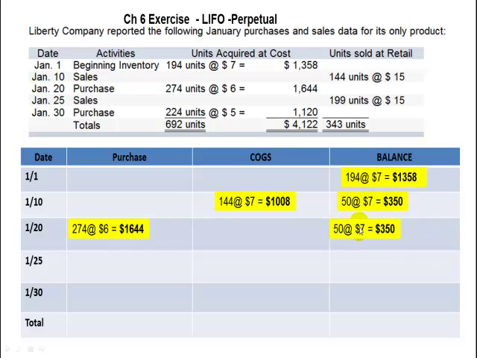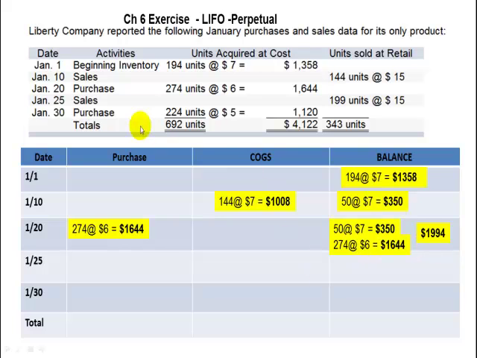These 50 units we bought at $7 a piece. We'll add to that a new layer of 274 units at $6 a piece that we just purchased. And our inventory at this date on the 20th is going to be $1,994. So far there's not much difference between LIFO and FIFO.